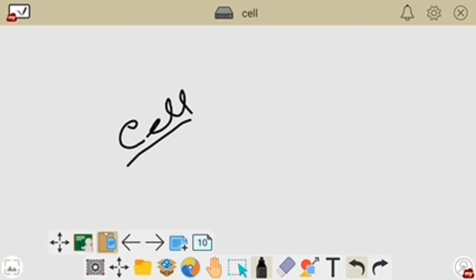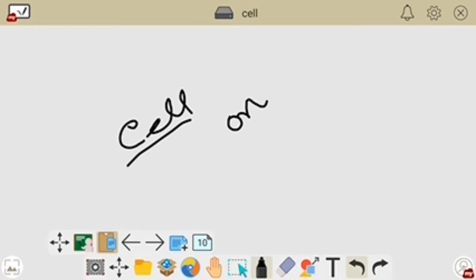Depending on the number of cells in the body, organisms are called unicellular or multicellular. What is unicellular? The organisms which are made up of only one cell are called unicellular.